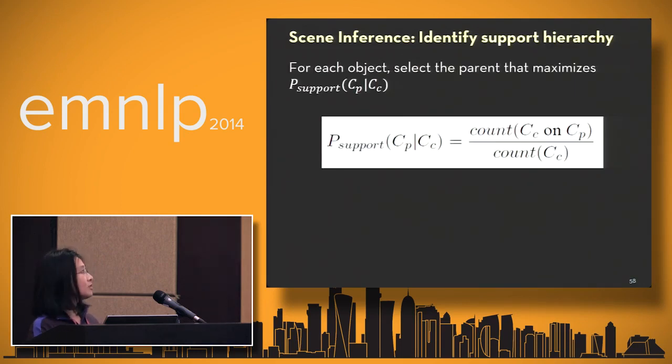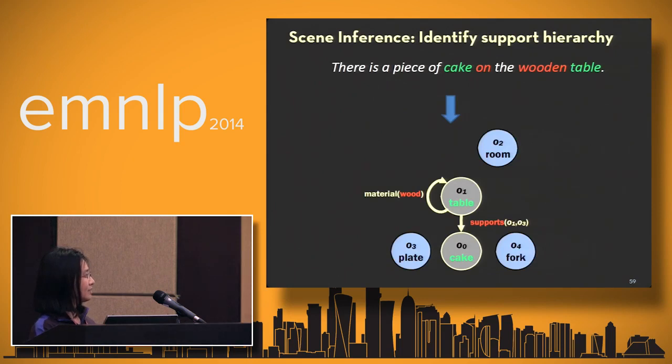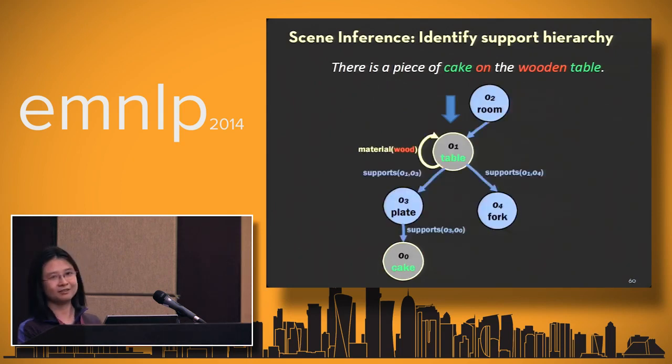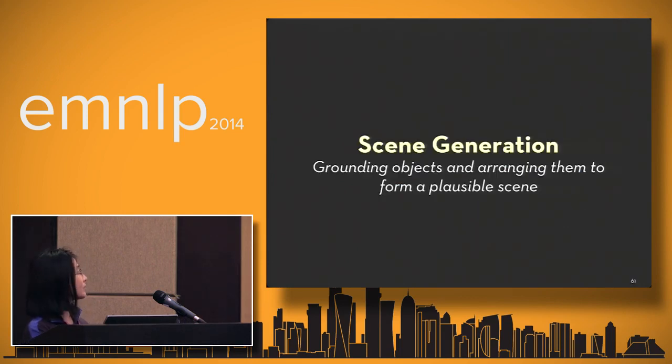After we have the objects, we would like to identify the support hierarchy. And to do so, we basically just select an object that exists in the scene that maximizes our support prior. And in this case, we will get a figure like so, where the cake is on the plate and the plate is on the table.